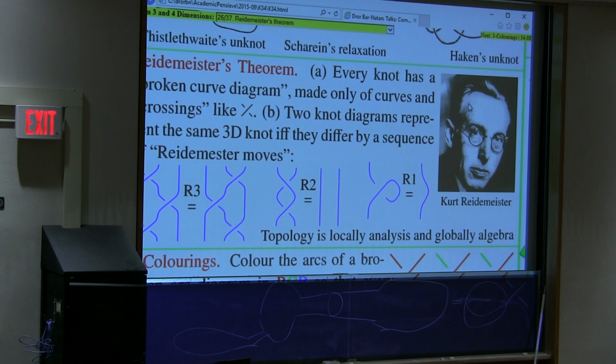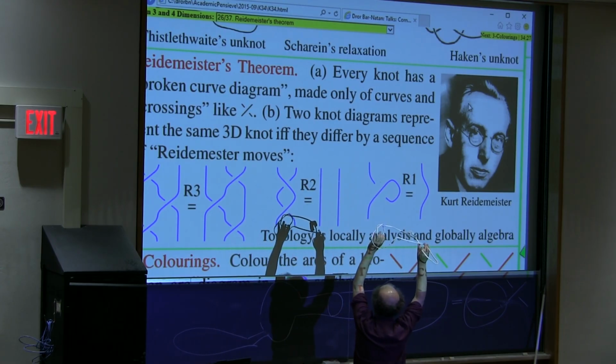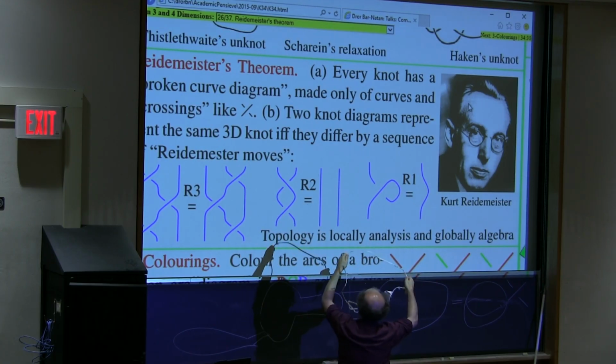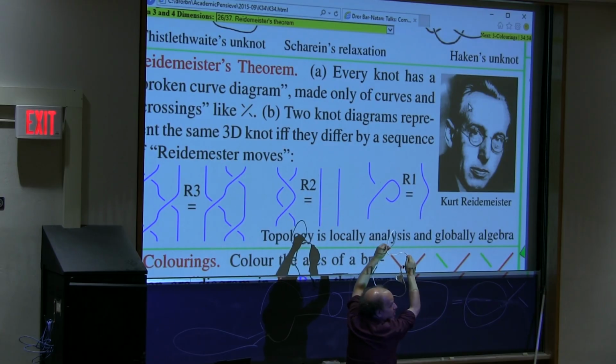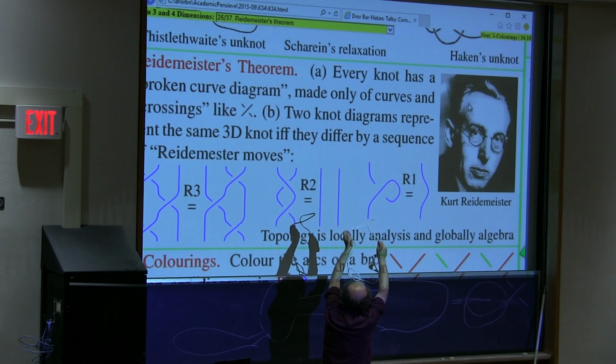Basically, it's a theorem in analysis. If you have a smooth closed curve in R3, and you project it to the plane, for example, by looking at its shadow, the projection could be messy, but you can always move it around a little bit so that at most 2 things will cross at any point.